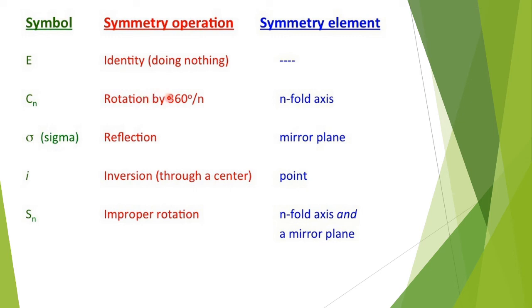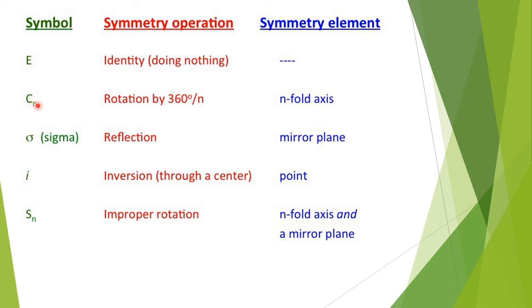So we write 360 divided by 180, and you get 2. The factor will be 2, and so we call that axis a two-fold axis. What do we mean by two-fold axis? When the molecule is rotated through 360 degrees, it gives us two similar appearances. So it is called a two-fold axis, and the axis is denoted as C2.